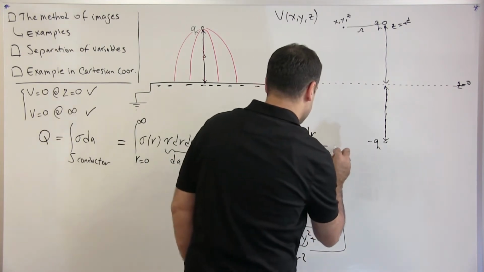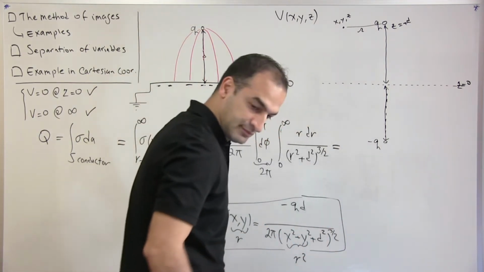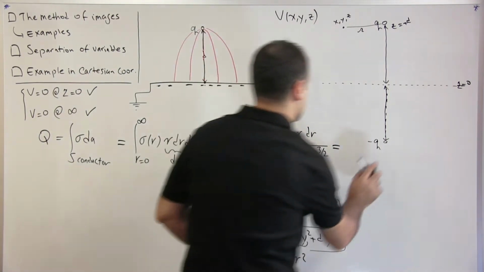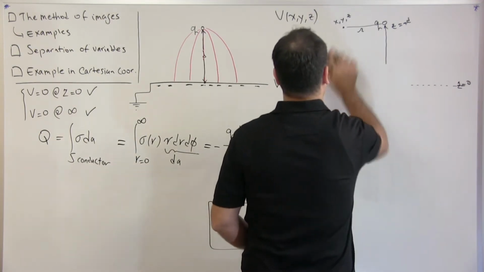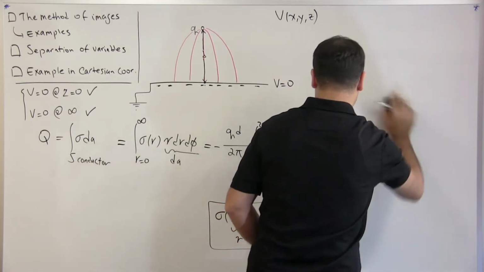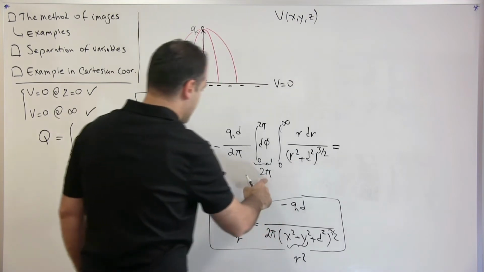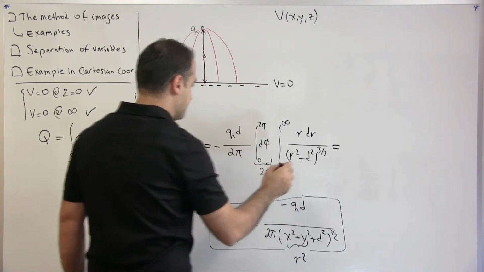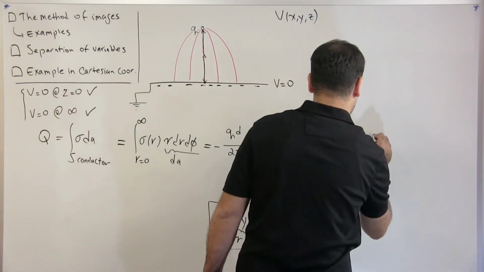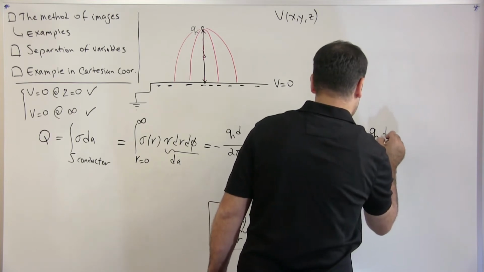Let me get rid of this as well. And the 2 pi cancels out with this 2 pi. We get negative QD.